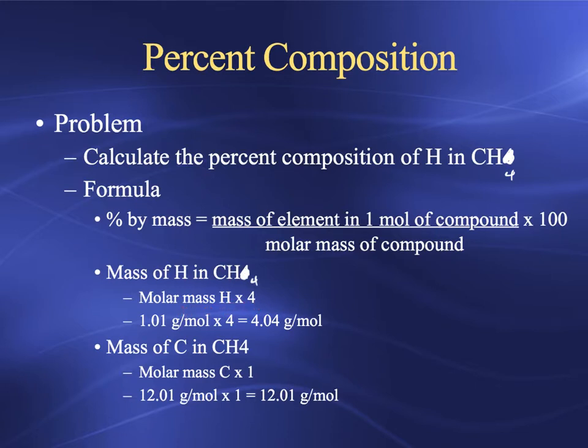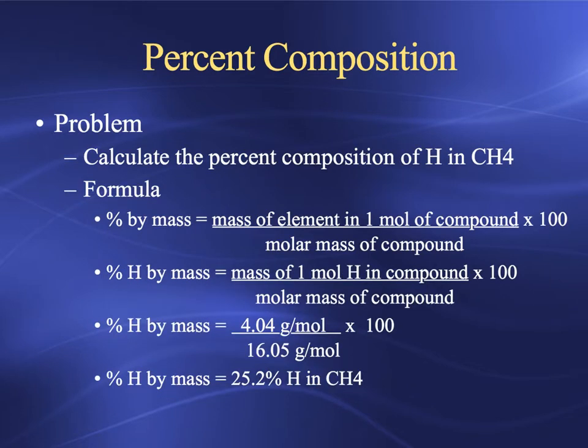From your periodic table, we see that the molar mass of a single hydrogen atom is 1.01 grams per mole. In this instance, I have 4 of them. So that means that in methane, the mass of the hydrogen is really 4.04 grams per every 1 mole of it. The mass of carbon in 1 mole of CH4, well, there's only 1 atom of carbon, so we took the 12.01 grams per mole times 1 and got 12.01 grams per mole. That's the mass of a single carbon atom.